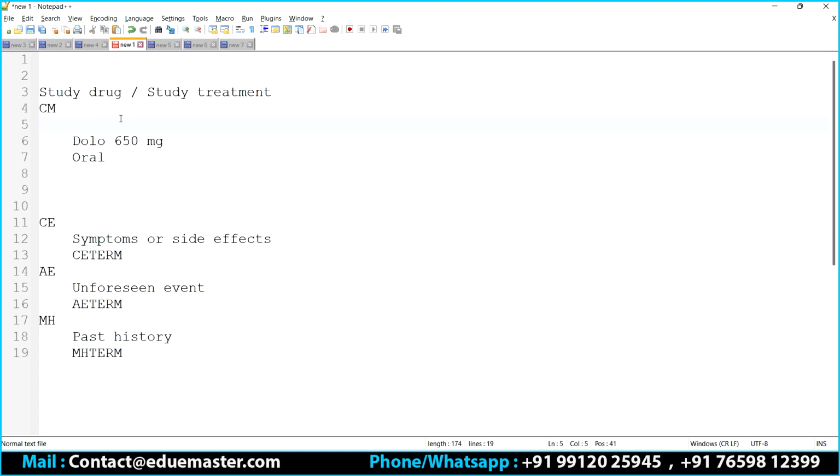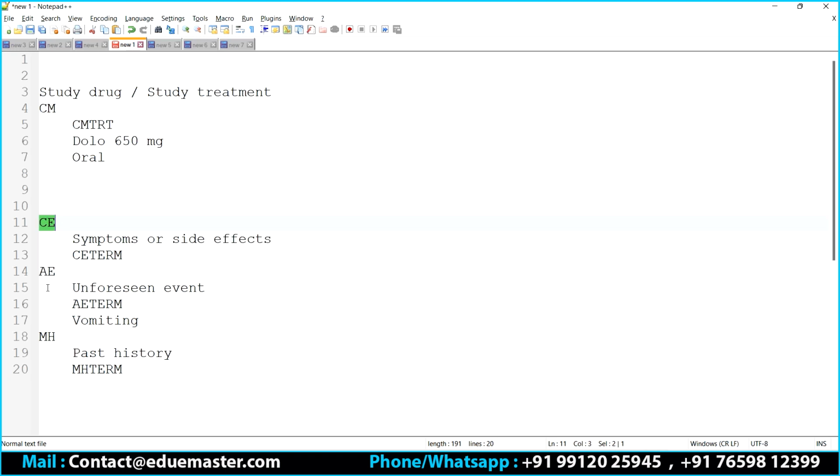That is the reason the focus variable, your topic variable, is going to be CMTRT, treatment. It will talk about the treatment, while the other will talk about the event. The same thing applies to the adverse event. All of a sudden, the patient felt a vomiting sensation. Vomiting is not because of the Covishield vaccination he has taken.